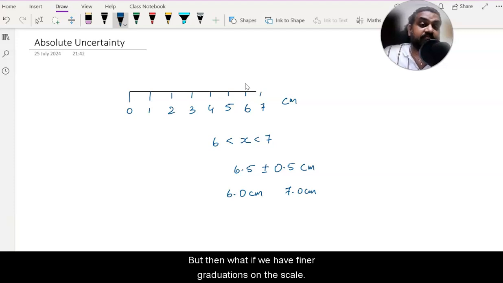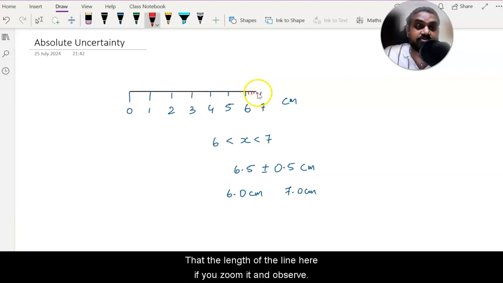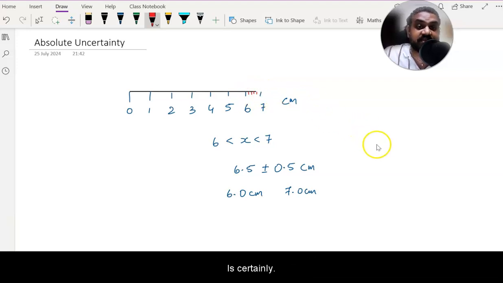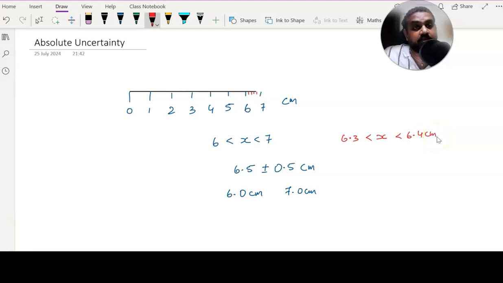But then what if we have finer graduations on the scale? Say for example, we have 6.1, 6.2, 6.3 and 6.4. We can now again clearly notice that the length of the line here, if you zoom in and observe, is certainly greater than 6.3 centimeters but less than 6.4 centimeters. Now, how do we report this value? Well, pretty simple.